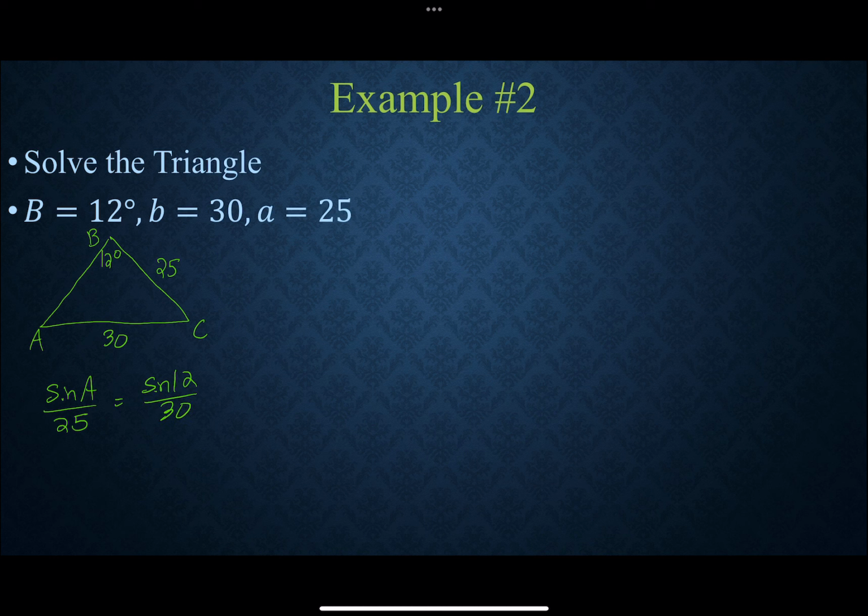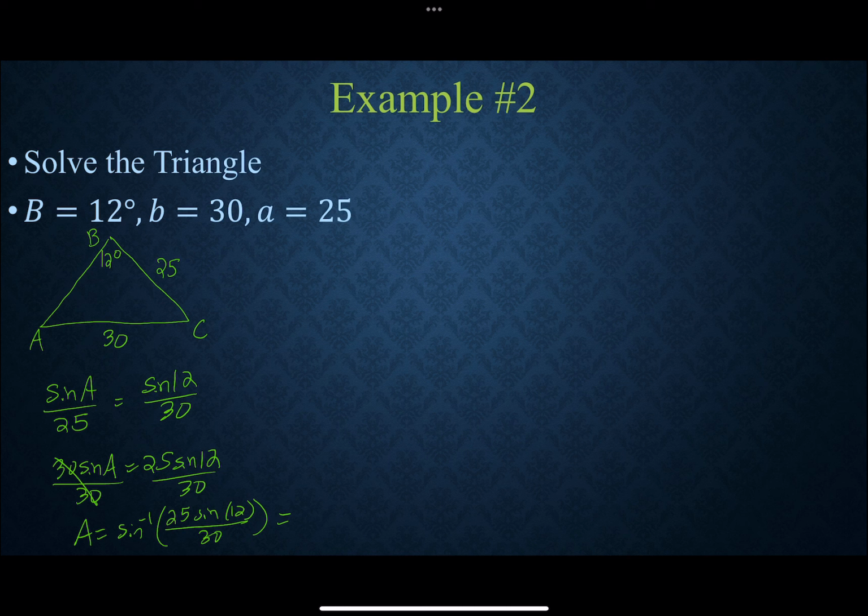We do the same thing. We cross multiply, and we get 30 sine A equals 25 sine 12. We divide by 30. And again, anytime we're trying to solve for an angle, it's got to be an inverse function. So angle A would be the sine inverse of 25 sine 12, where you have to close off your parentheses, divided by 30.